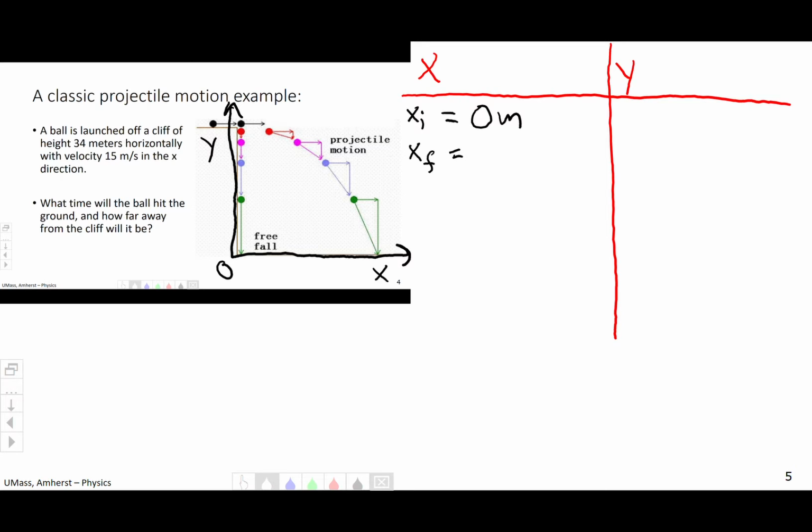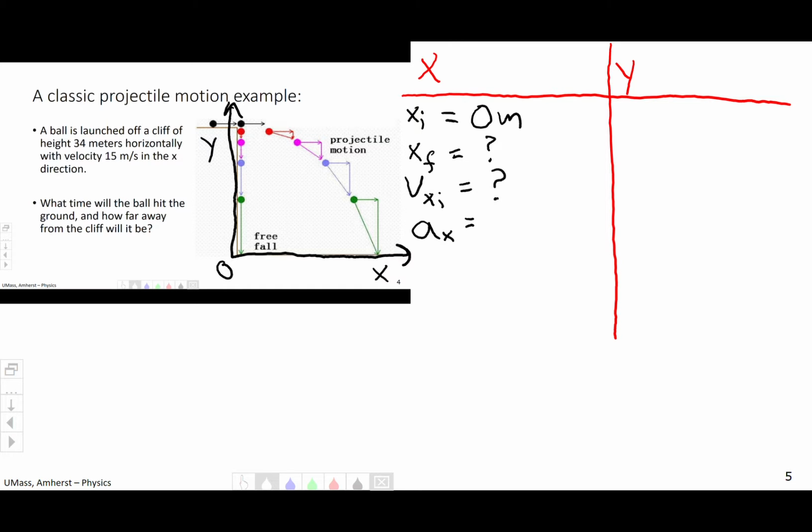Our x final position, somewhere down here, we don't know where that is yet, so we're going to leave that as an unknown. Our velocity in the x direction initial is also an unknown quantity. That's not provided for us. And the acceleration in the x direction.